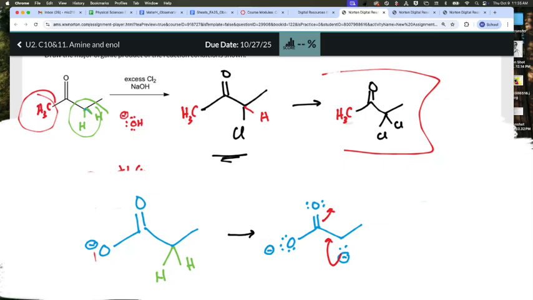What else could we have seen? What is that negative oxygen capable of doing? Resonance inwards to stabilize that positive charge, thereby preventing the other carbon from sharing electrons inwards.